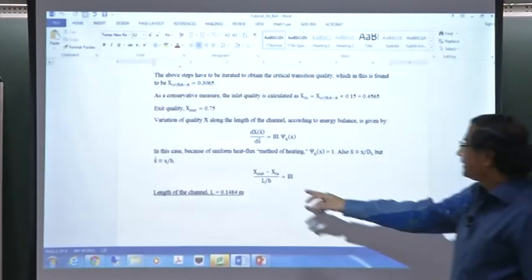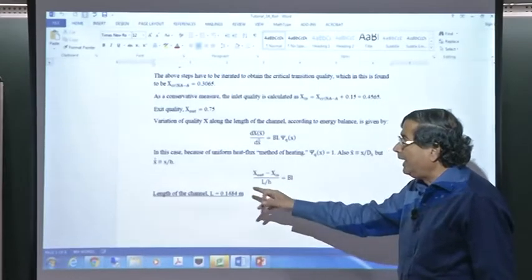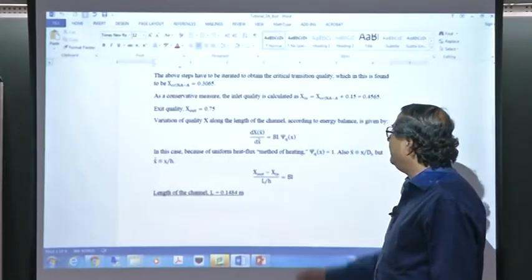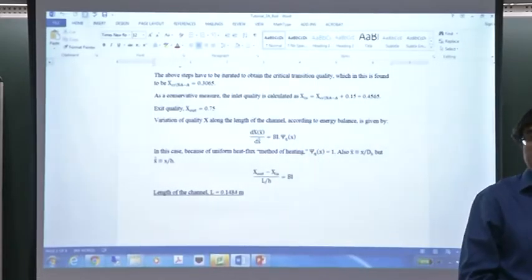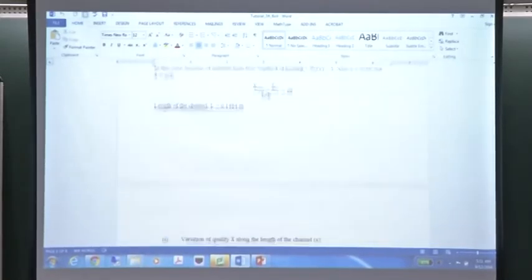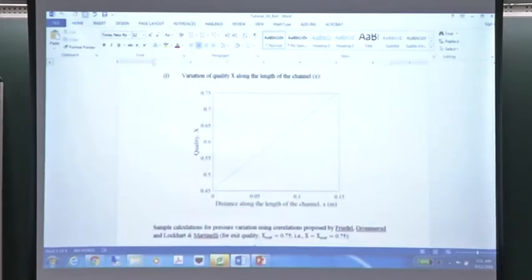You know your X out, you know your X in, you know H, 5 millimeter. You know your boiling number, you had just computed it, you will find the value of the length, which is what we did. So we found that a 14 centimeter long channel will give me annular flow and a quality variation like this.